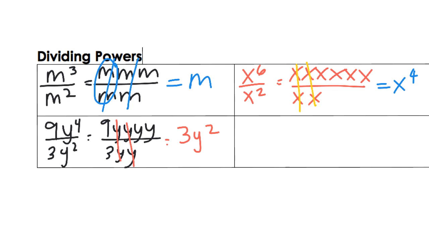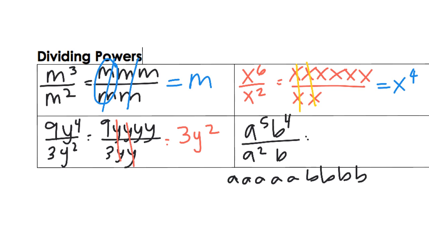If I have 2 variables, let's do a and b. Let's do a to the 5th, b to the 4th, over a to the 2nd, b. So I have 1, 2, 3, 4, 5 factors of a on top, 4 factors of b, divided by 2 factors of a on bottom and 1 factor of b on the bottom.